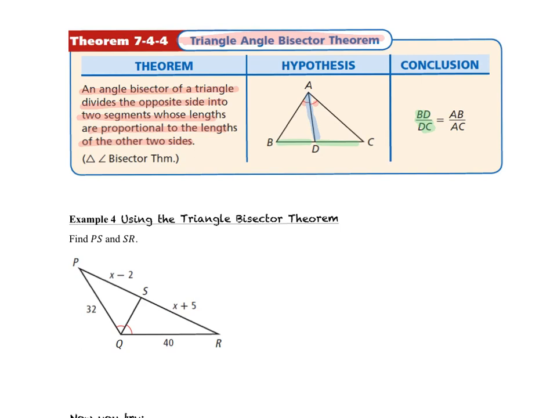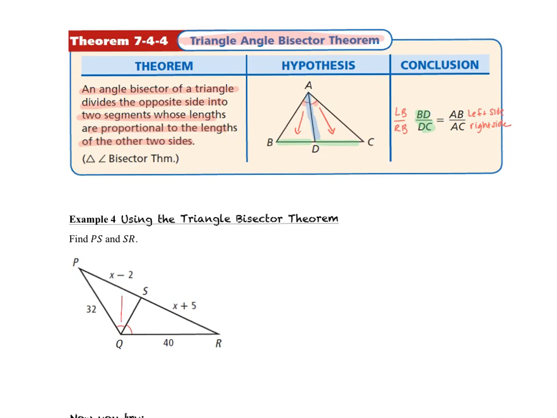The base over the base is how I think about it, the ones across from the angle bisector, across from the congruent angles. So base over base is equal to left over right. So if we do left base over right base is equal to left side over right side, that might help you to remember it a little bit better.